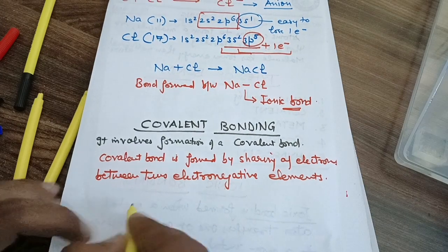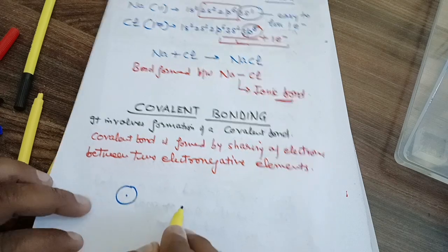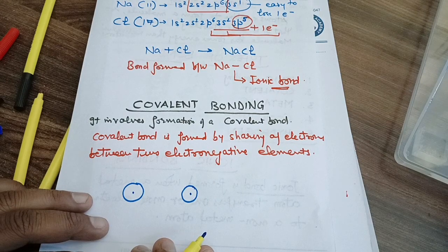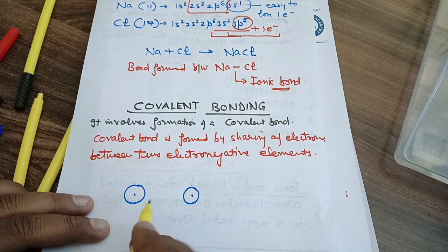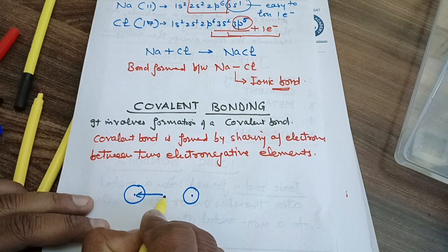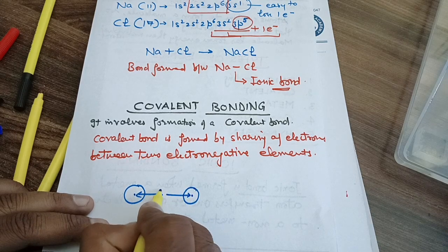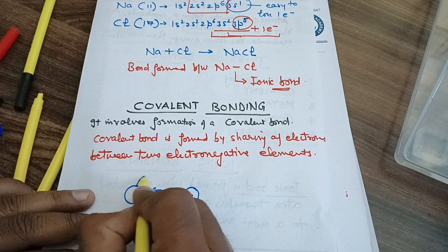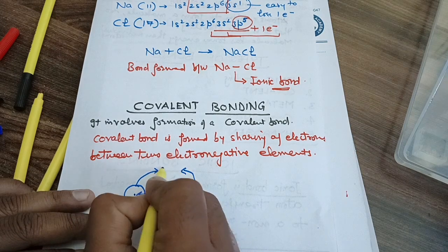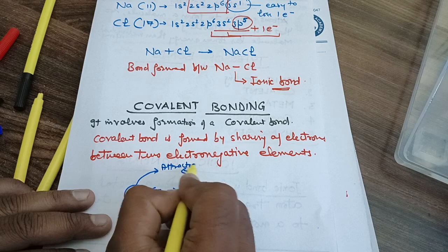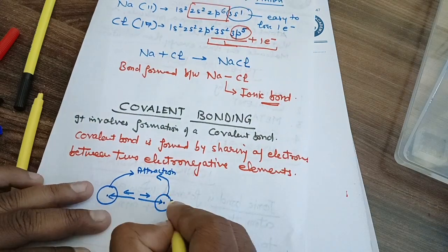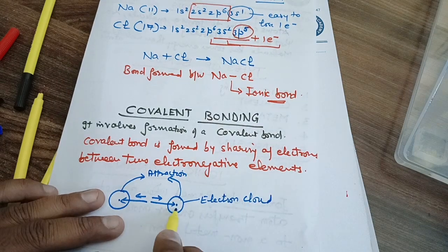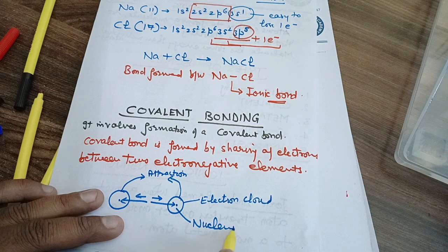Now how does it occur? Suppose an electronegative element is here and another one is here. There is a repulsive force between them. Both are electronegative, and in this way there should also be a little bit of attraction. Here is the electron cloud, and here is the nucleus of that atom.